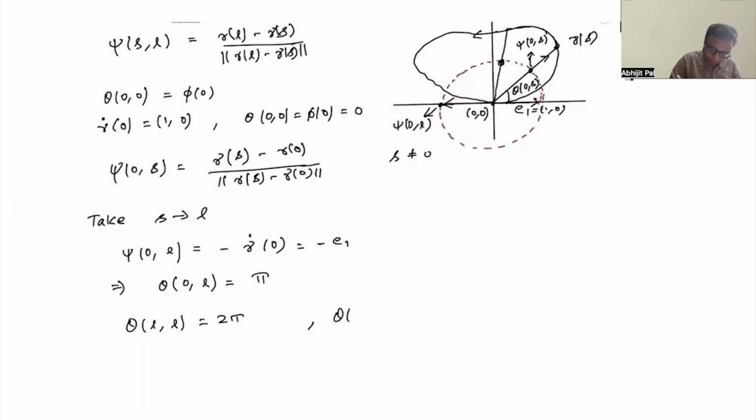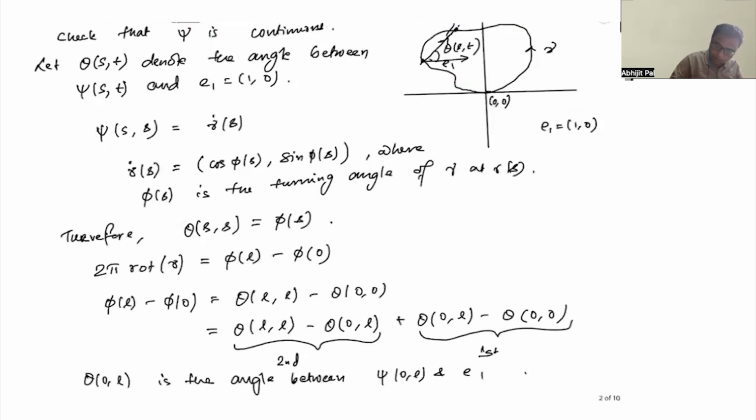So you want to prove that theta L comma L is equal to 2 pi.